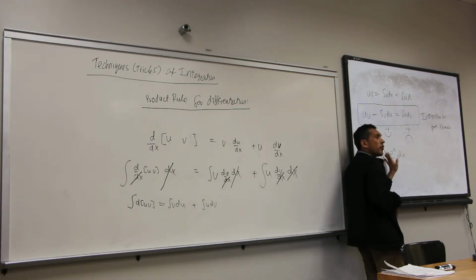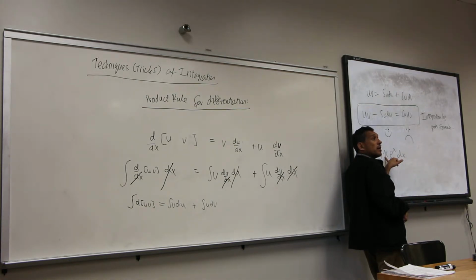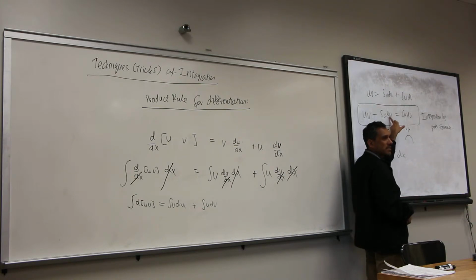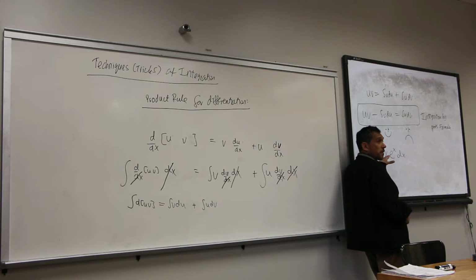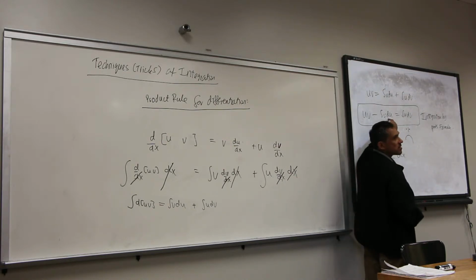Now, if you are going to integrate x, you are going to get what? x squared over 2, probably making this a lot more complicated. If you differentiate x, you will get 1, probably making this one a little easier.